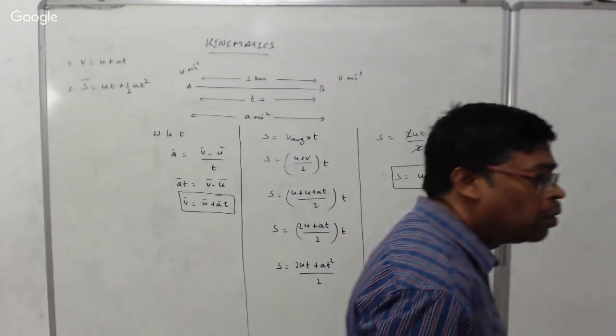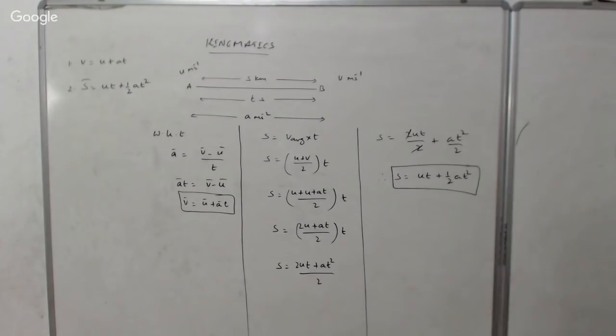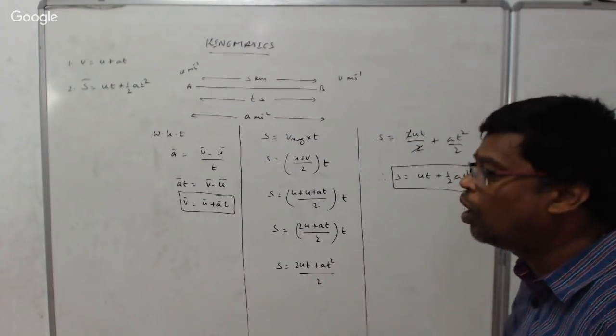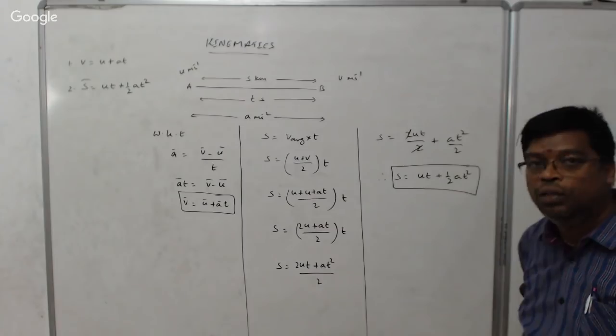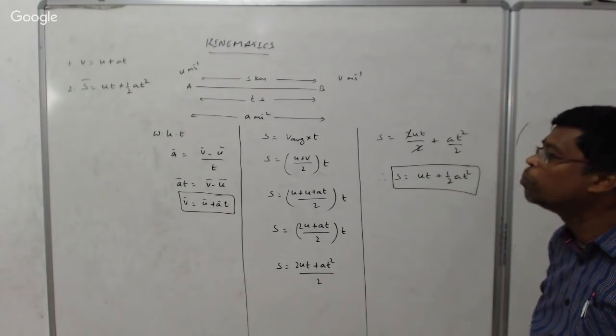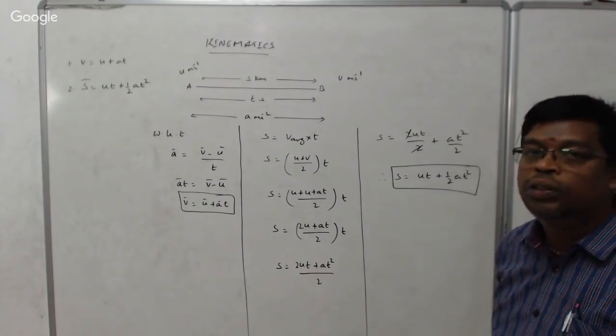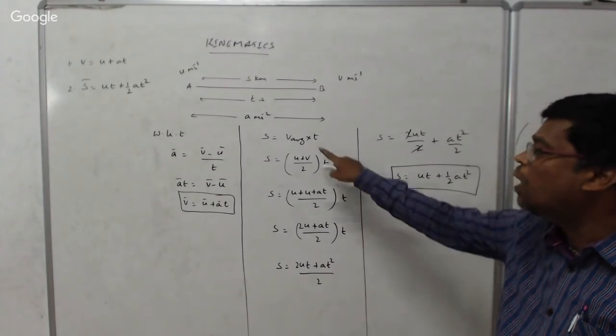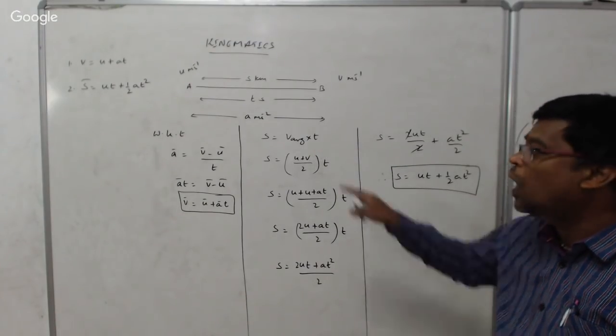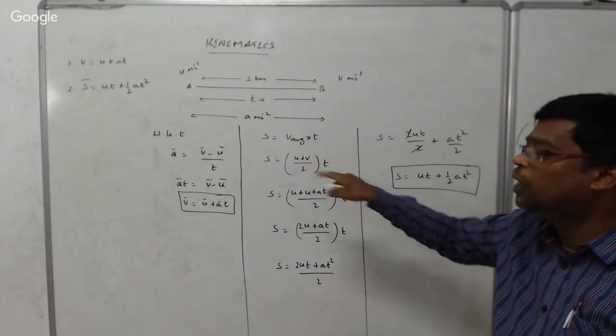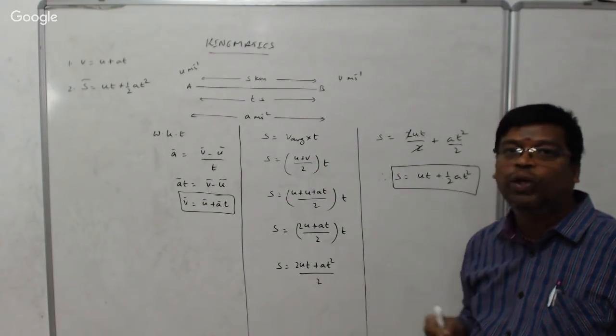Okay, understood? Just see once again how we started this second derivation. We started with distance. Distance traveled is equal to average speed into time. Average speed can be written as (u + v) by 2.